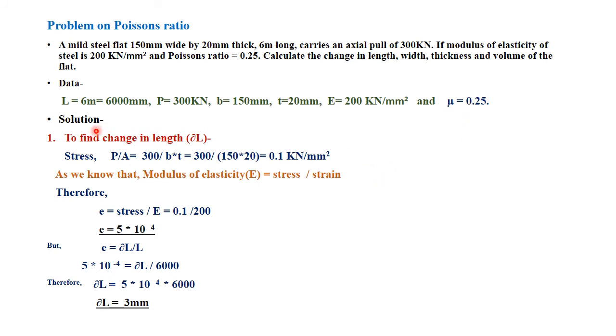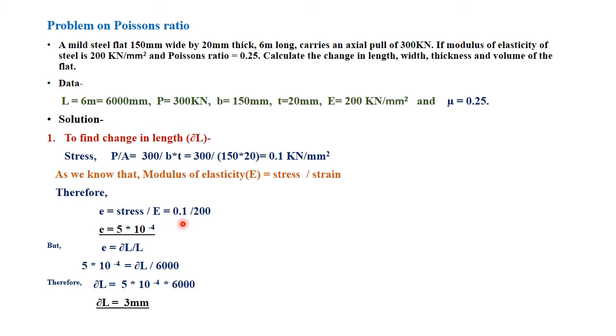Now for the solution, the first step is to find the change in length. As we know, stress is given by force upon area. By putting the values of P and area B into T, we get stress as 0.1 kilonewton per mm square. We know the modulus of elasticity E is equal to stress upon strain, so the strain is equal to stress upon modulus of elasticity.